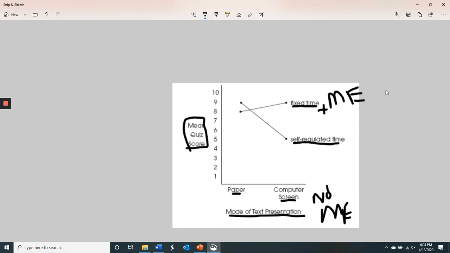Maybe it's going both ways. Maybe people are just daydreaming and not really concentrating in the self-regulated, or maybe they're thinking that, oh, this is probably pretty easy, so I'll just read this in a couple things.